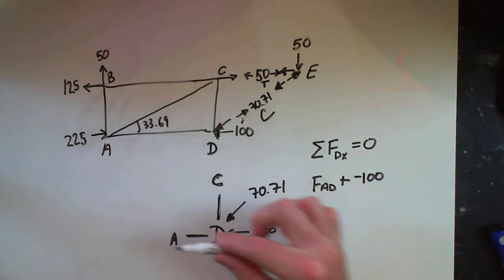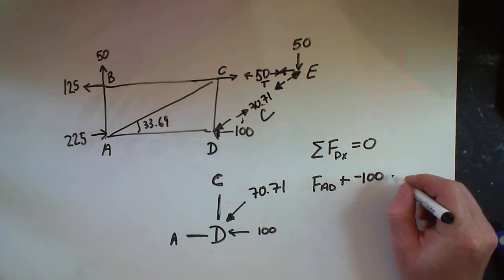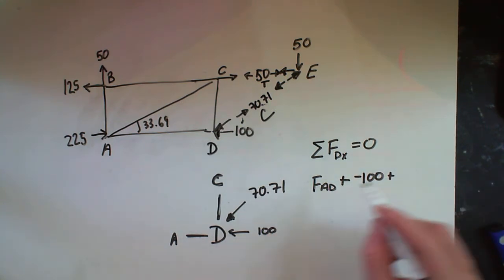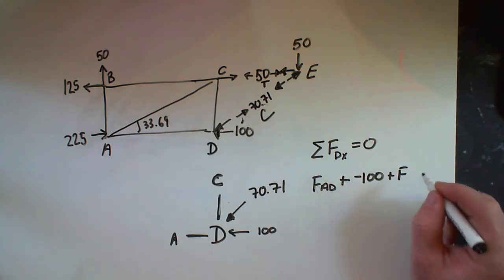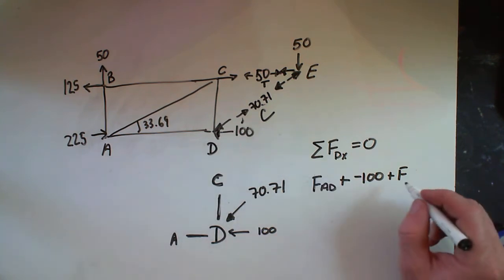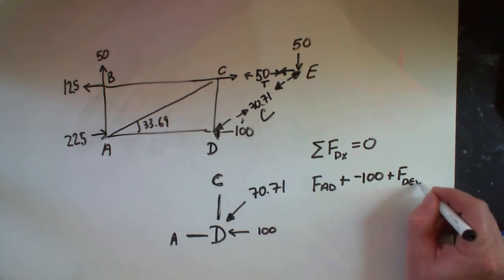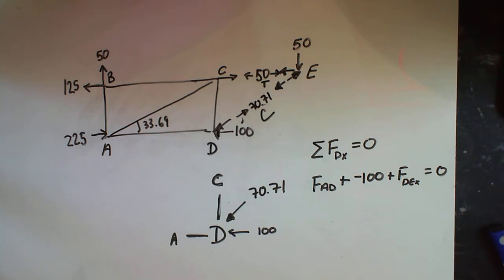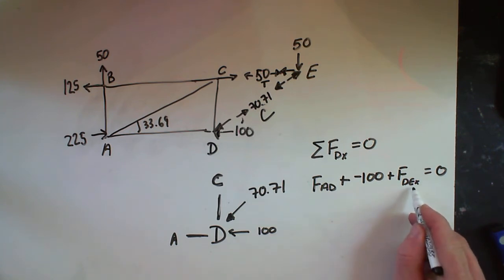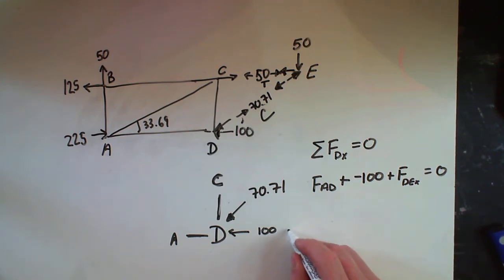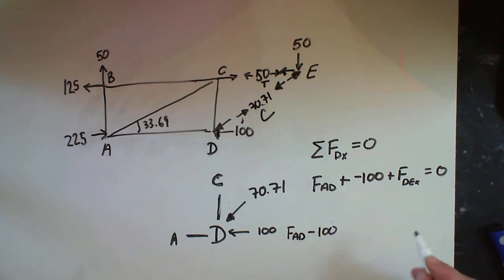It's pointing that way, so it's negative. And then we also have the force of DE with respect to X equaling 0. Inputting the information, we have F of AD minus 100.